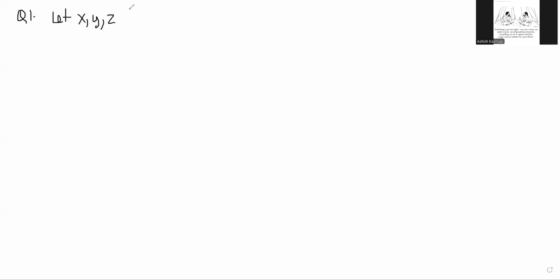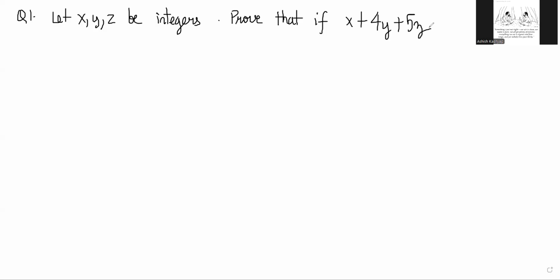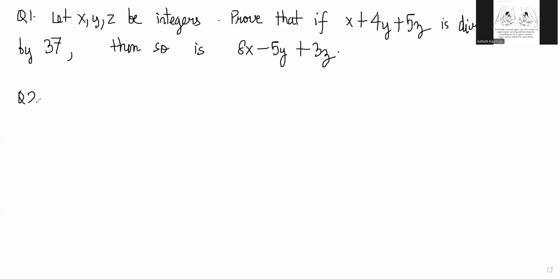Let x, y, z be integers. Prove that if x plus 4y plus 5z is divisible by 37, then so is 8x minus 5y plus 3z. Question 2.